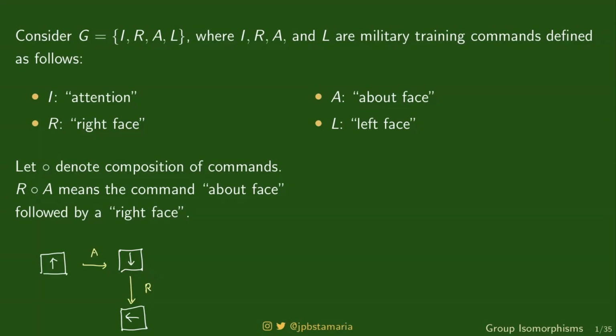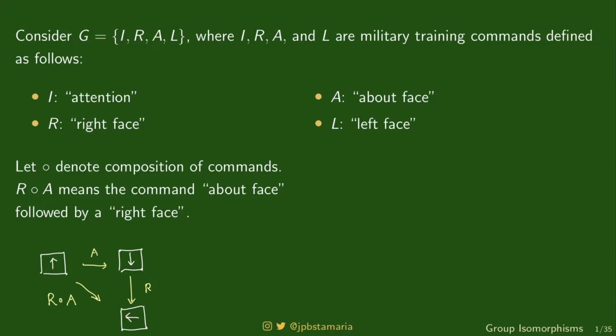So the composition R circle A means the summary of these two commands. R circle A, relative to your original position, this is your original position, and your final position is like this.